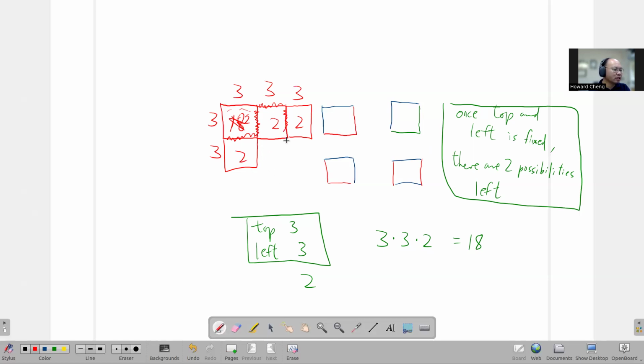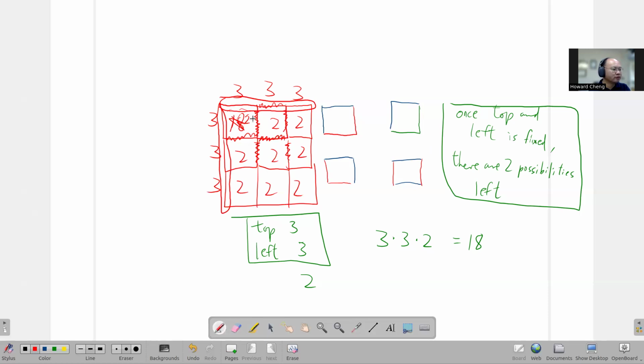And now what about this one? Okay, so maybe you think, now we have fixed top and left. There are 2 more choices and so on. So if you think about it a little bit more, you realize that all you have to do is actually just choose all the colors of left and top.